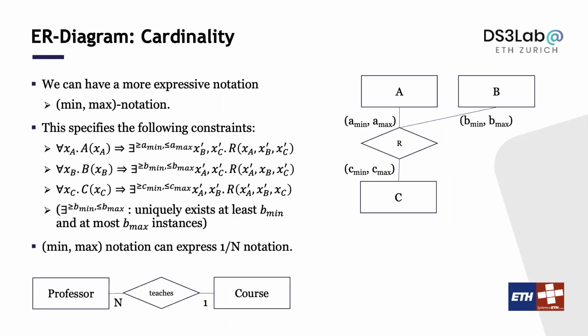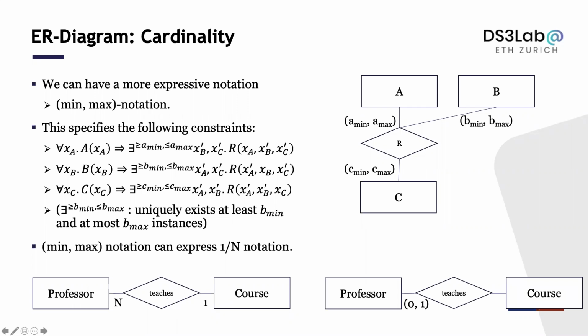For example, if you have a constraint that looks like this, you have n on the professor side, you have 1 on the course side, which means that if I know the professor, I know the course. It actually means that in the database, one professor can only participate in one of this relationship, otherwise you are going to violate this constraint.